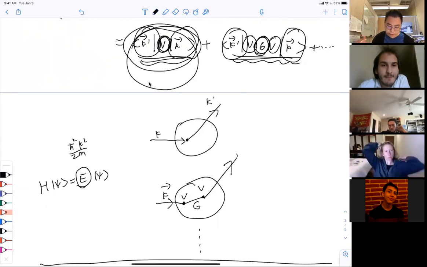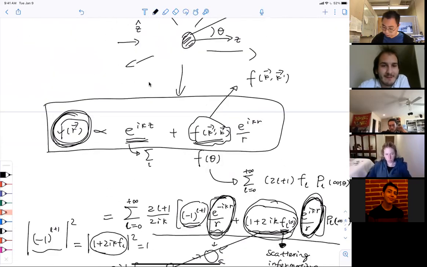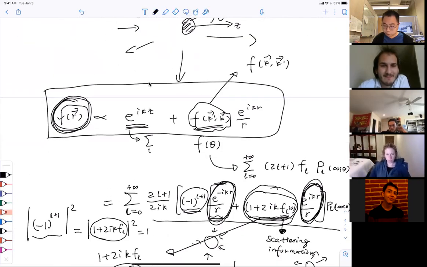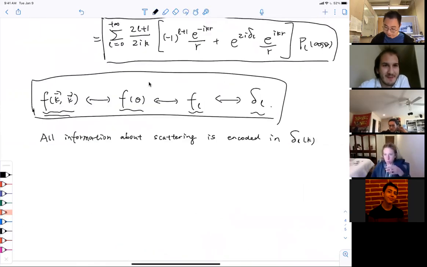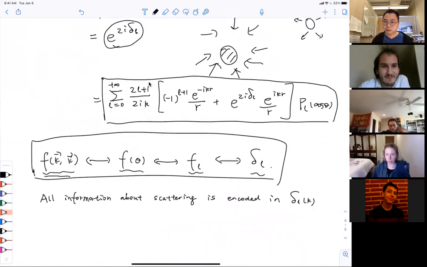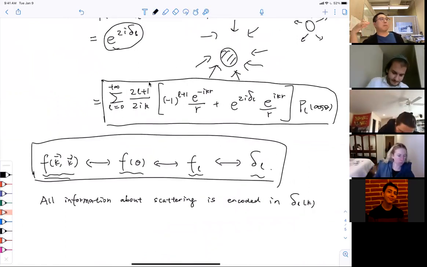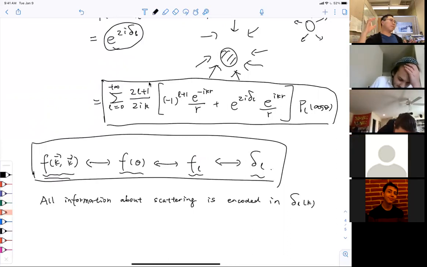So it's an elastic scattering. We also assume there's no absorption of the particles. The system is U(1) symmetric, so the total number of particles is conserved. Of course, if your potential has an imaginary part, the total number of particles is not conserved anymore, and then we need to modify our theory.